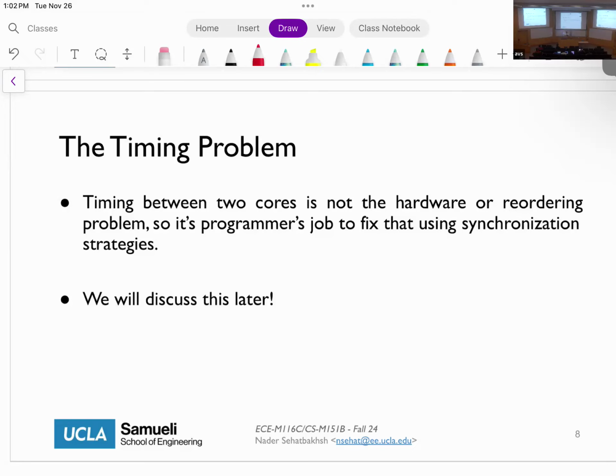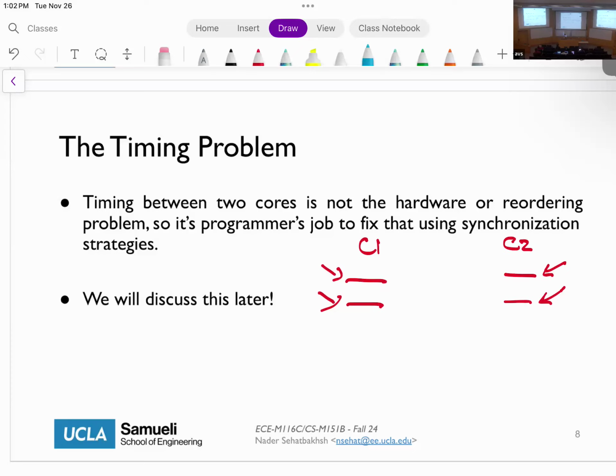Okay, so for example, if hardware says that I'm going to always run this instruction first and then this instruction second in core 1, and then for core 2, I'm going to do the same, I'm going to run this first and then run this. I'm not going to reorder anything. Even if these are loads and stores for different addresses, I'm going to promise you that I'm not going to reorder. Okay? That's the best thing you can get from hardware.